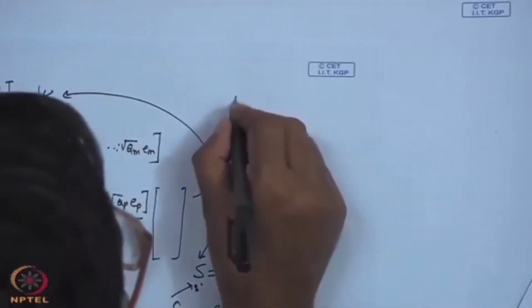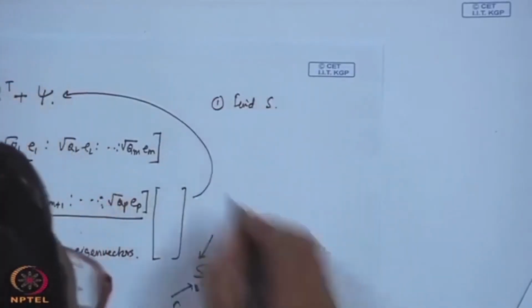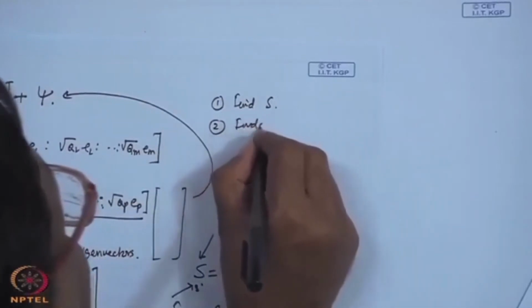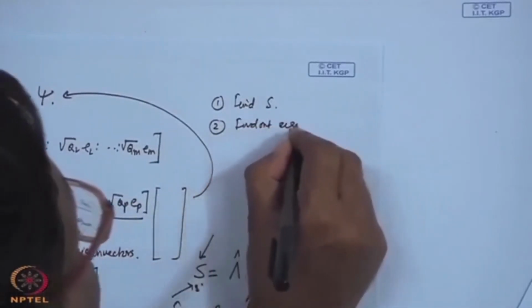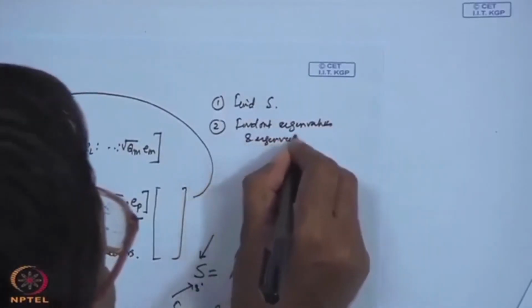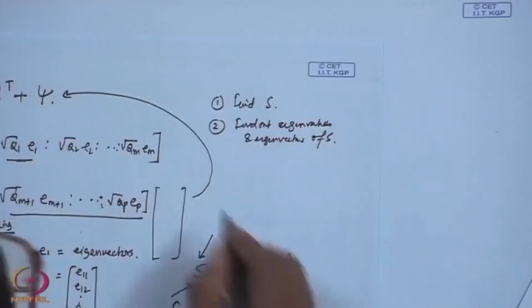Then what are the steps? Suppose the first step is find S, the second step is find the eigenvalues and eigenvectors of S. Okay.